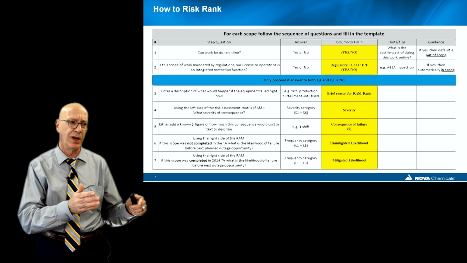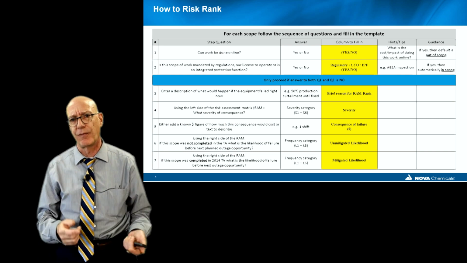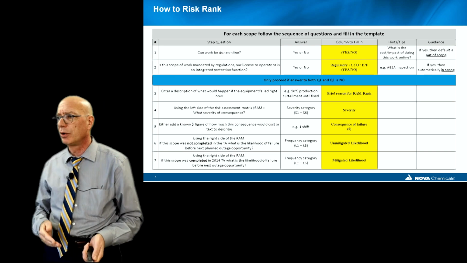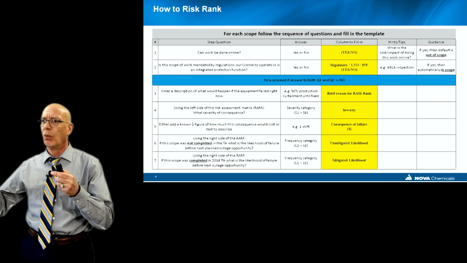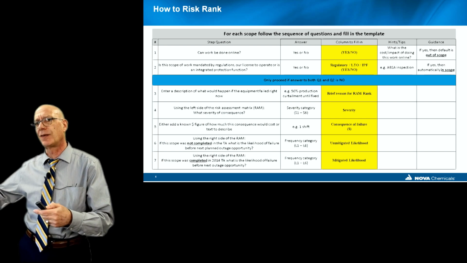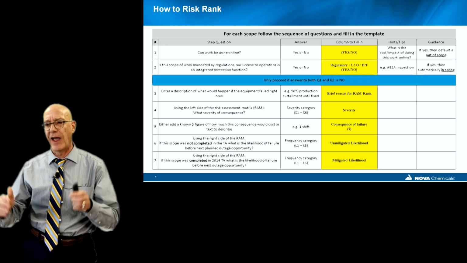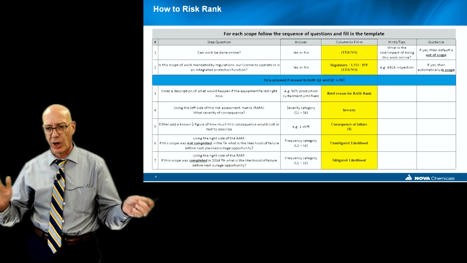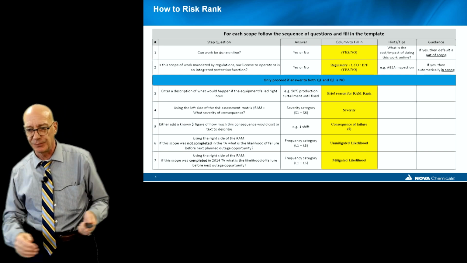So if this particular turnaround is on a 4-year cycle, if we don't do this work now, what's the likelihood of the failure taking place in the next 4-year run cycle? And that'll give us a number on our L1 to L6.